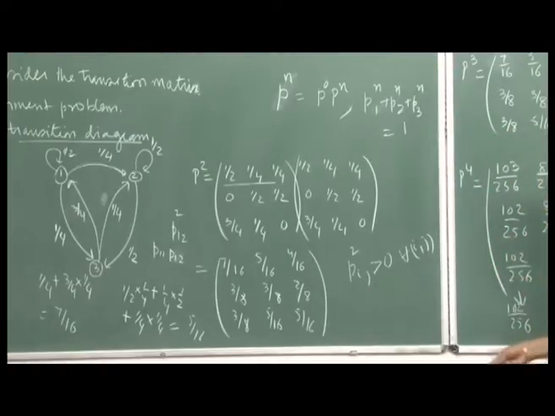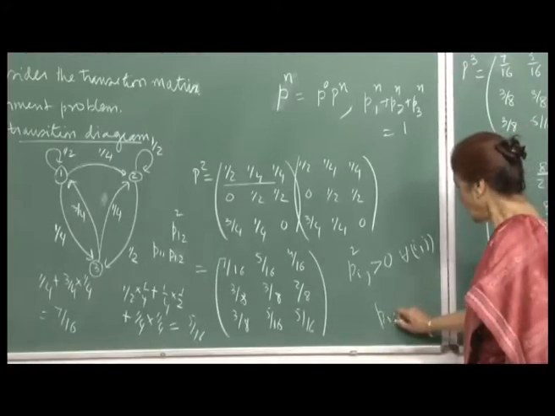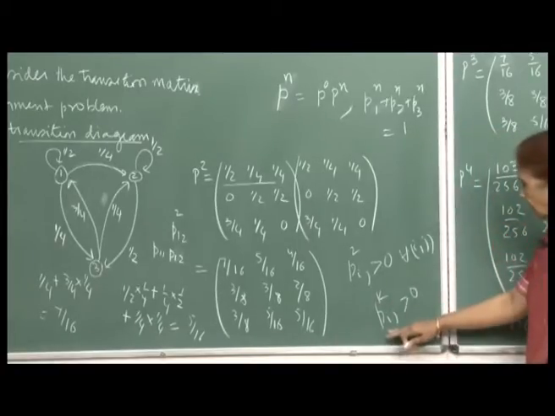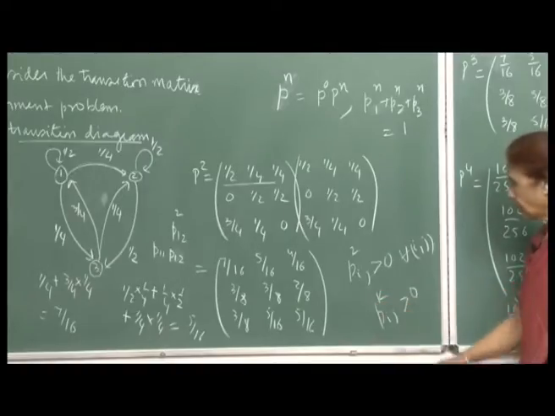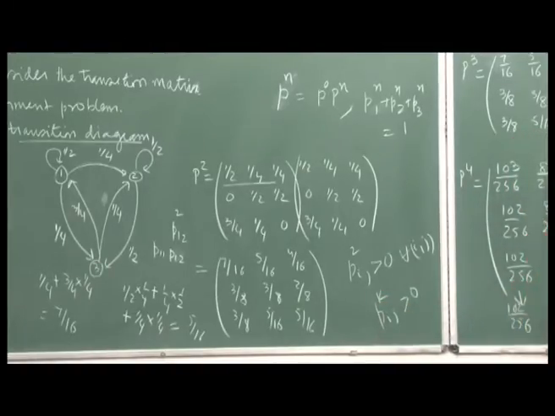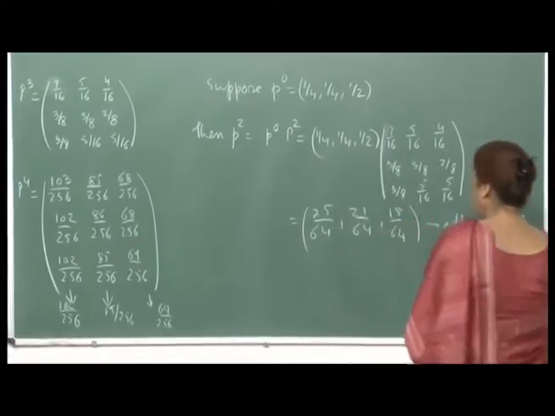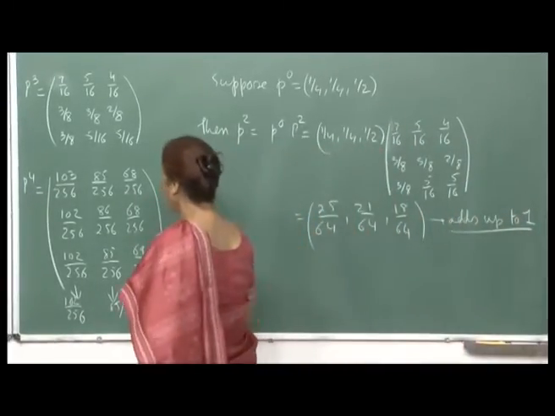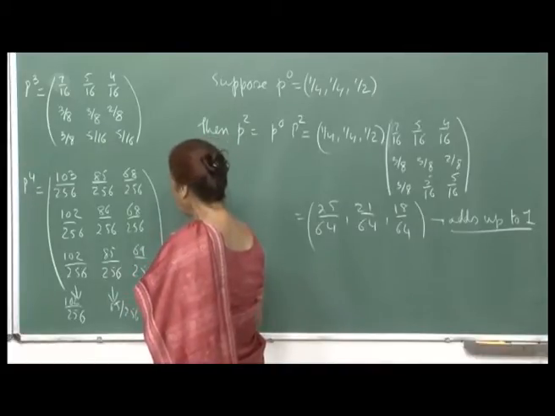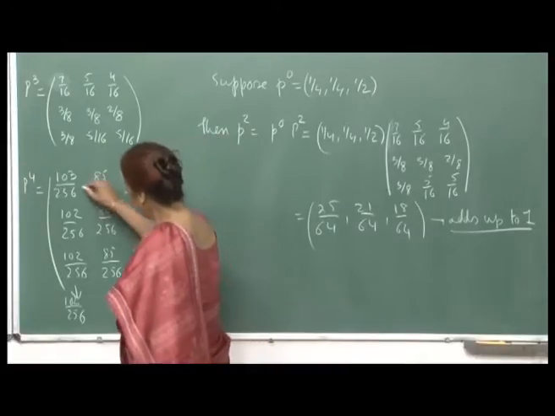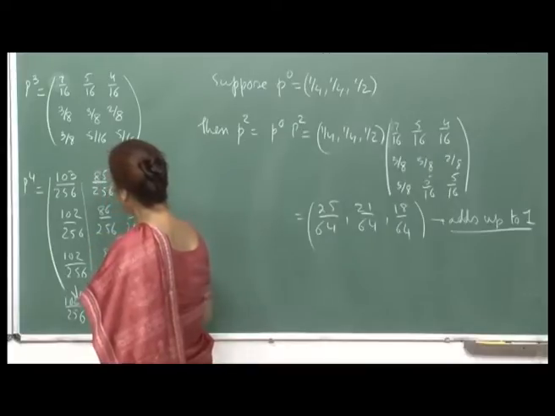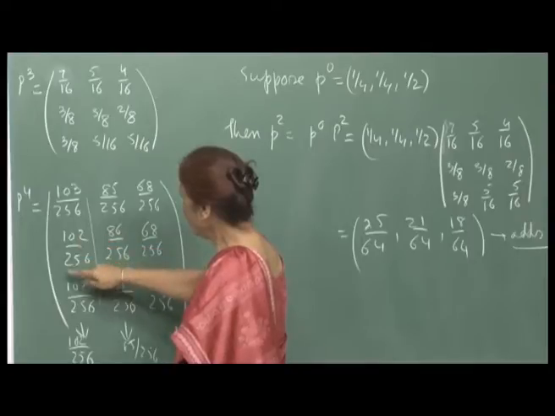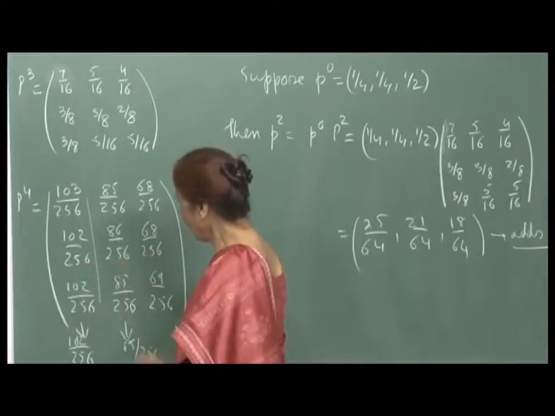And in some other example, if there is some k for which this is positive, then again there is a k step path from every state to another state. Now, when you look at the fourth power of P, these are the numbers, and if you carefully look at the column numbers, this is 103 upon 256, 102 upon 256 and 102 upon 256.